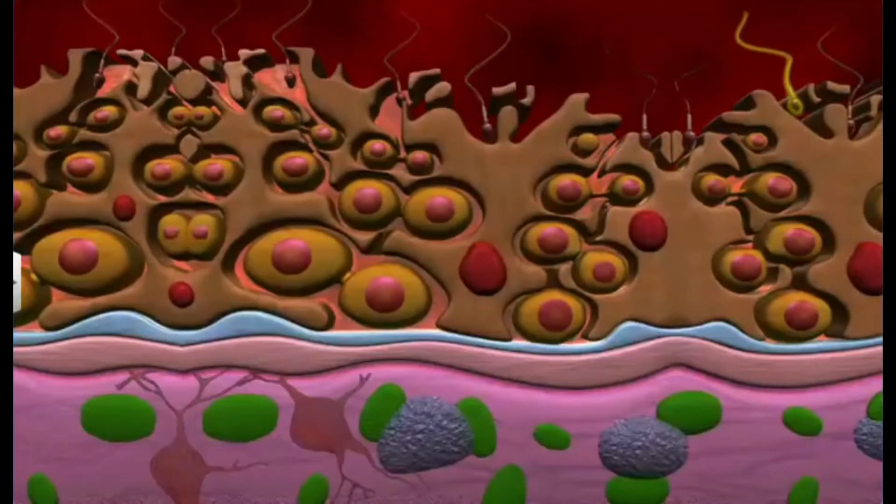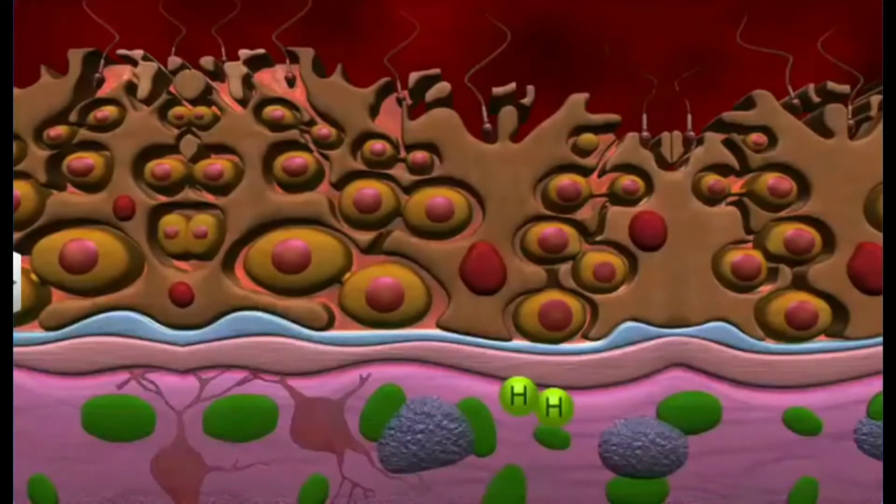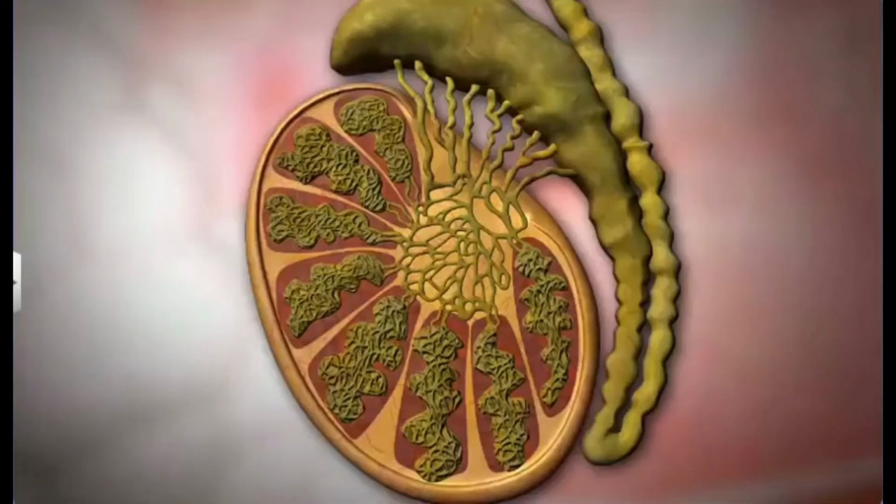The Sertoli cells provide nutrition to the germ cells. The region outside the seminiferous tubules contains blood capillaries, nerve fibers, and small groups of large glandular cells called interstitial cells or Leydig cells. Leydig cells synthesize and secrete testicular hormones called androgens.